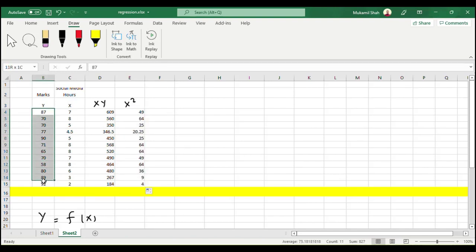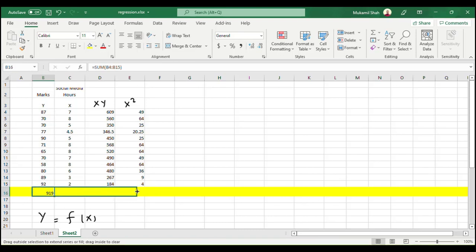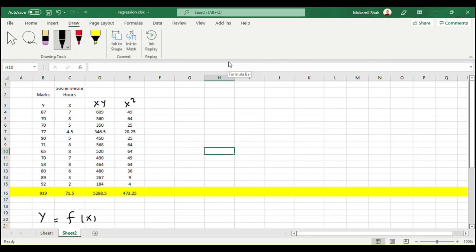Now we have to sum all these values up. This is summation y, this is summation x, this is summation xy, and this is summation x square, and n is equal to 12, because this is the data from 12 students. You count them, it is 12.